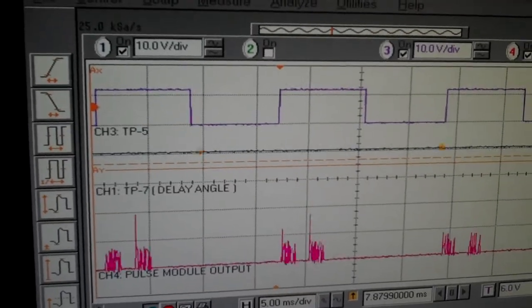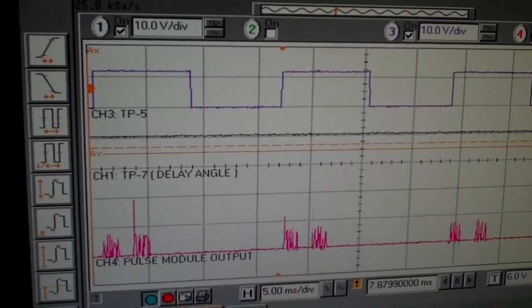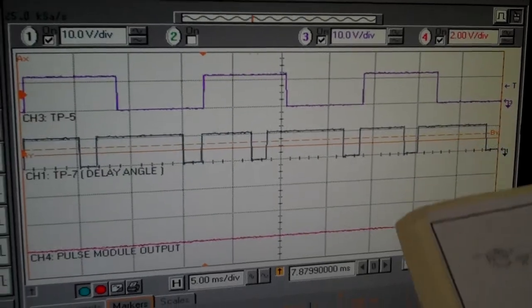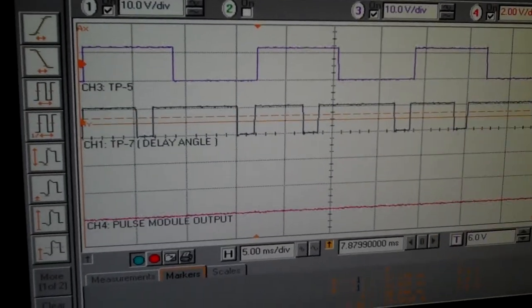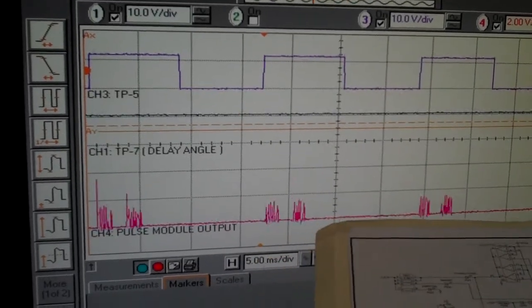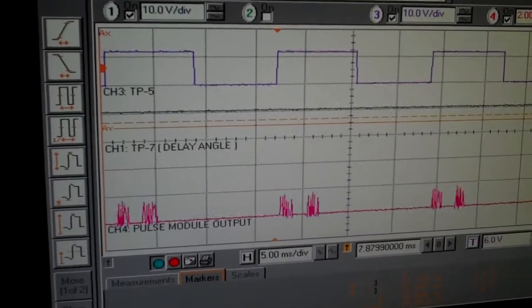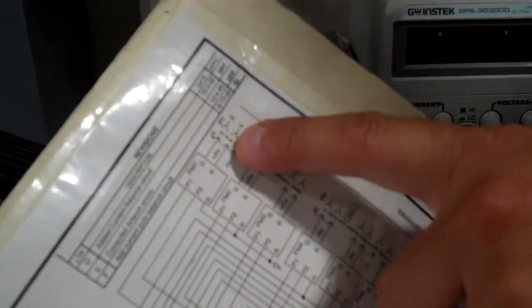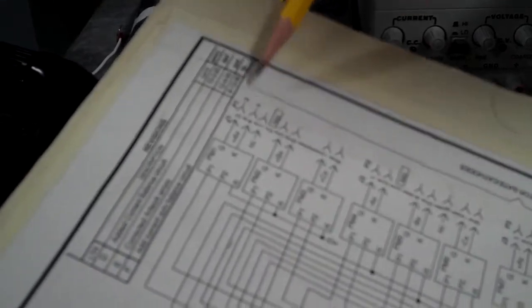Notice that right now we have a phase loss, we don't have an output. When we clear the phase loss condition, we have an output. By the way, this channel 4 is looking at J1 between positions 3 and 4, and we have a 4 ohm resistor right here, so we're loading that output and looking at the firing signal between 3 and 4.